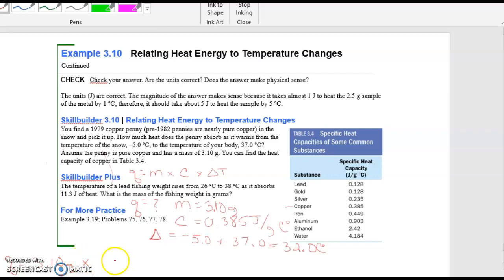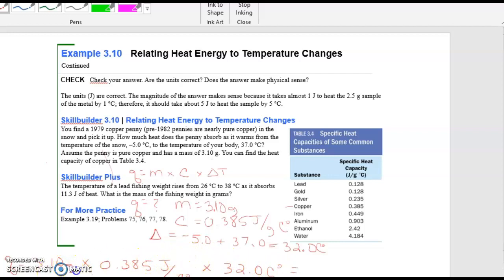All right, and times our heat capacity, which is 0.385 joules, and then that's per gram times degrees Celsius, so these guys are on the bottom. All right, times our change in temperature, which is 32.0 degrees Celsius.